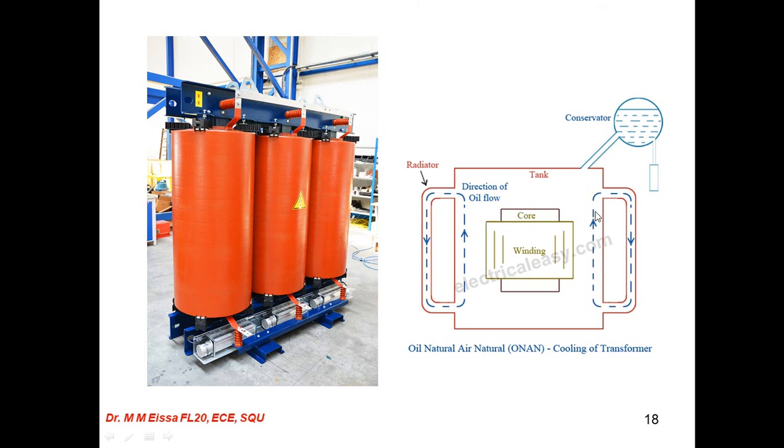So here the insulation is done through the oil, and the air and oil are natural for the cooling. This is one of the cables, and actually this is a photo for such a type. All three phases are separate as shown in this figure.